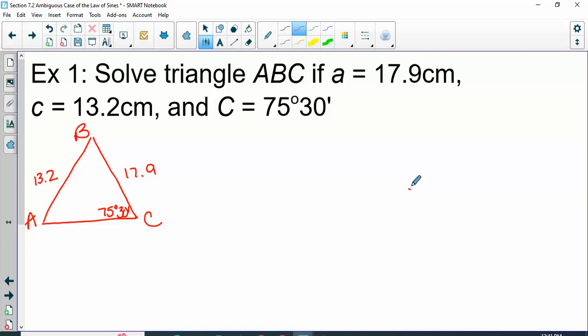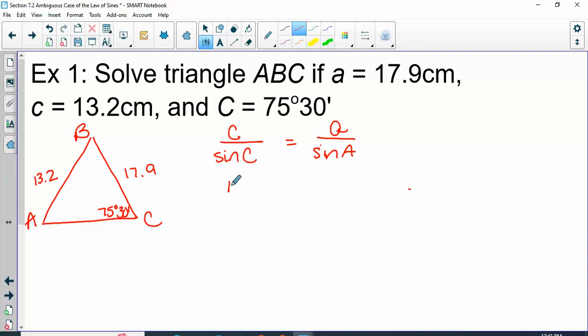Which side-angle pair do we have to use? C. And which one should I avoid at all costs right now? B, because I don't have the angle or the side. So I'm going to use c over sine C equals a over sine A to start.